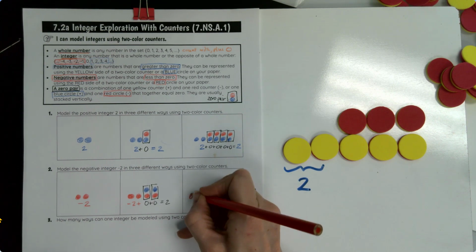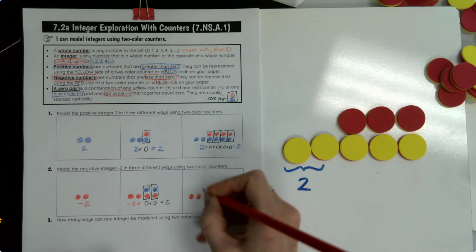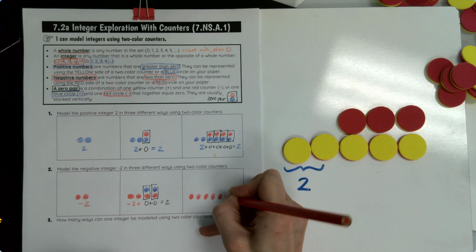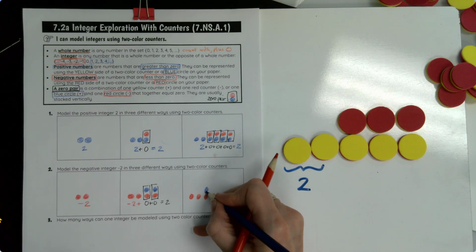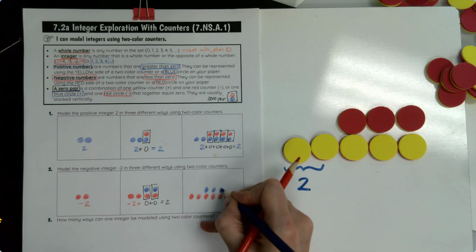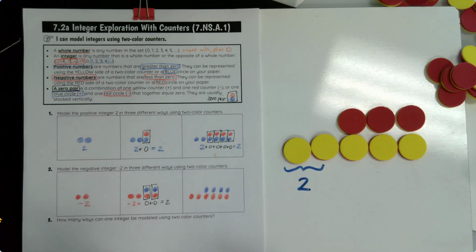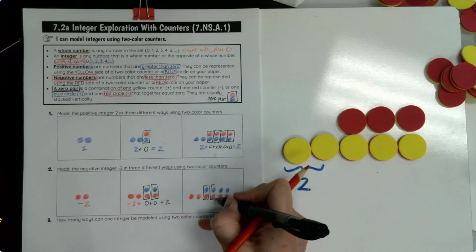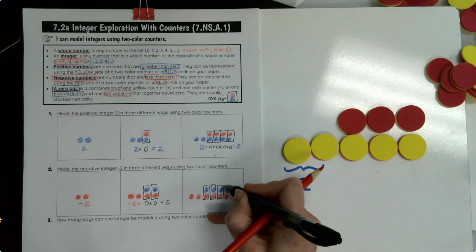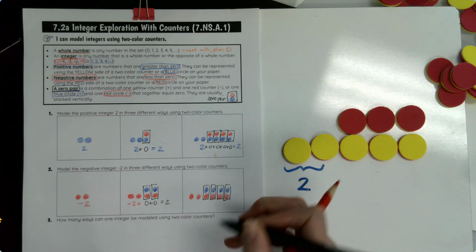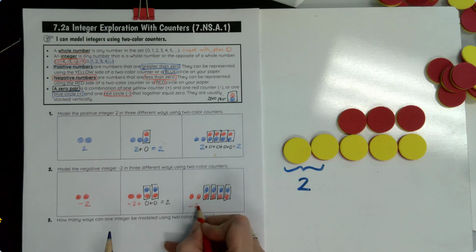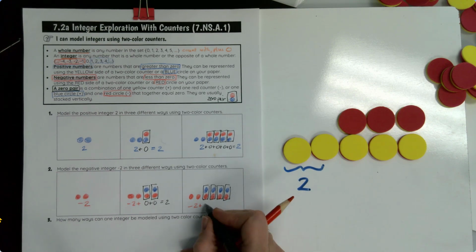We can do it another way since they ask us for 3 different ways. Here's 4 zero pairs. If I wanted, I could have done 5 or 6 or 7 or 1 or 10. It doesn't really matter. So here I've got a negative 2, and then I'm adding a bunch of zeros.